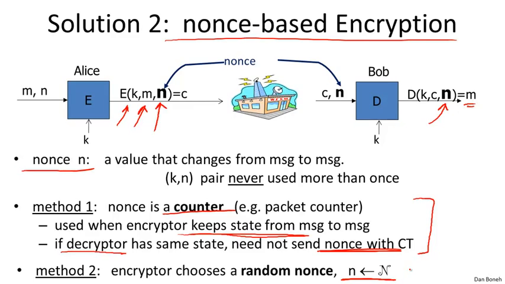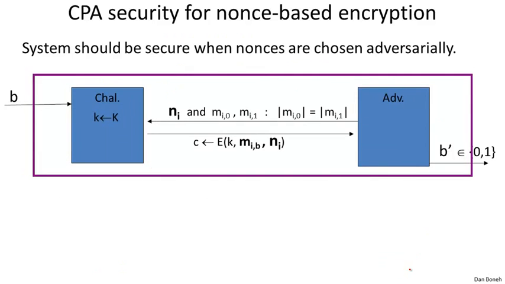So there are some cases where stateless encryption is quite important, in particular where the same key is used by multiple machines. I want to define more precisely what security means for nonce-based encryption, and in particular I want to emphasize that the system must remain secure when the nonces are chosen by the adversary. The reason it's important to allow the adversary to choose the nonces is because the adversary can choose which ciphertext it wants to attack.